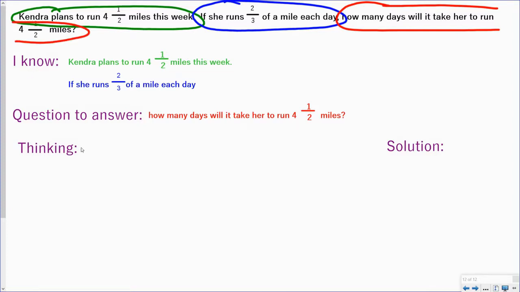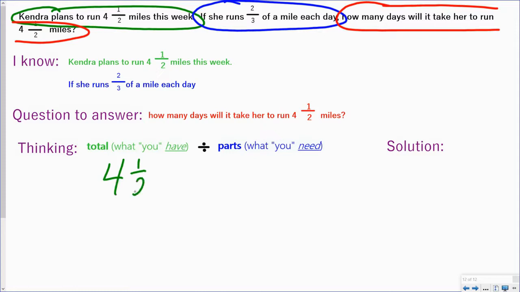Again, setting up my thinking, looking at what is my total or what do I have, and I'm dividing it into parts or what I need. So when I do that, I want to look at what does Kendra have total? Well, her total amount of miles that she wants to run is 4.5.